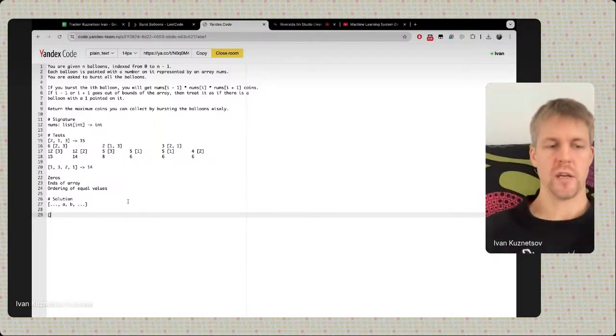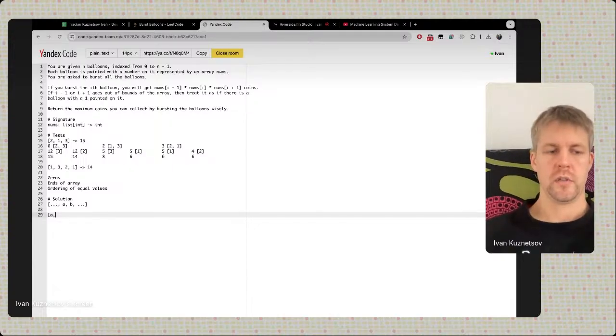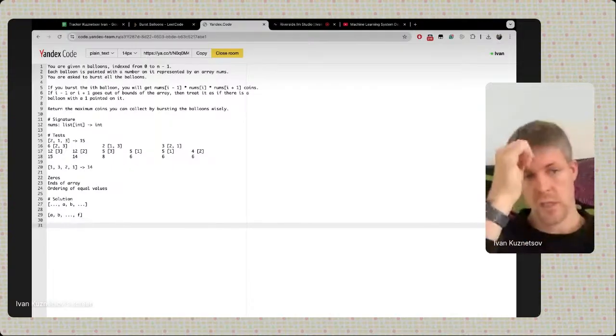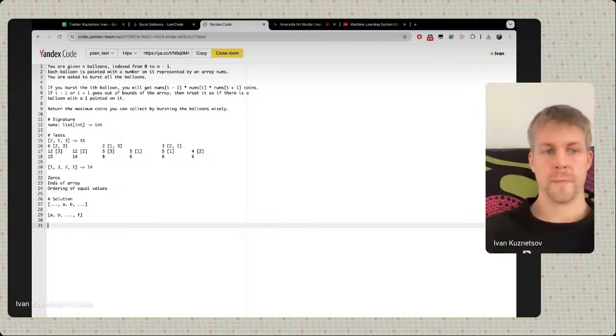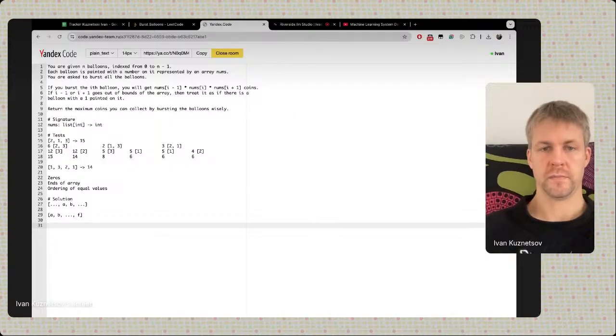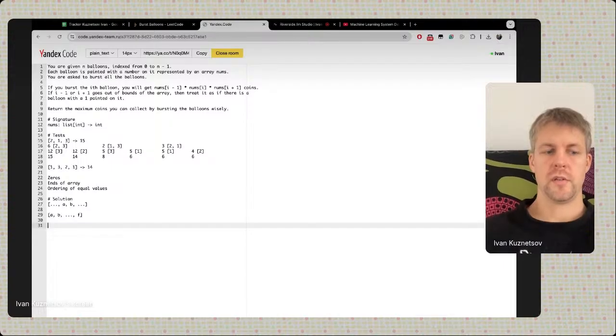Okay, let's say we have an array of A, B, F, whatever, some sequence of numbers. The final sum we will get by multiplying triplets of these elements of this array. So the total amount of multiplications will be the number of the elements.